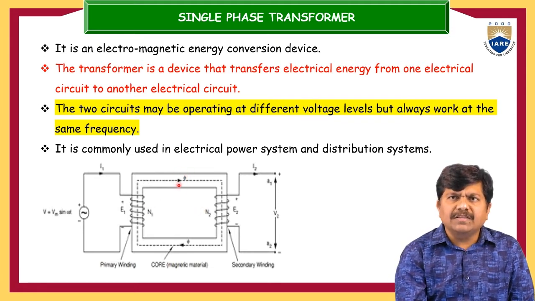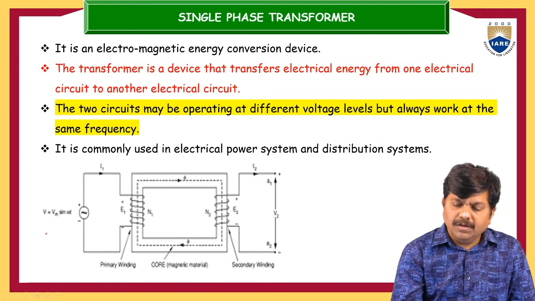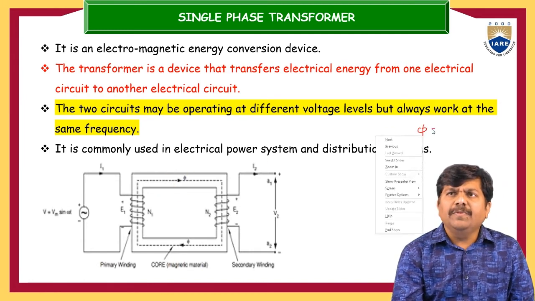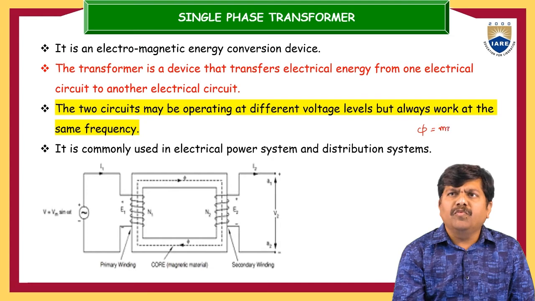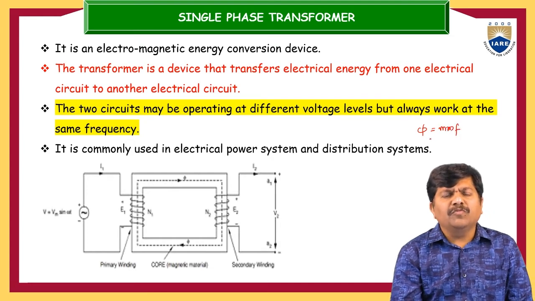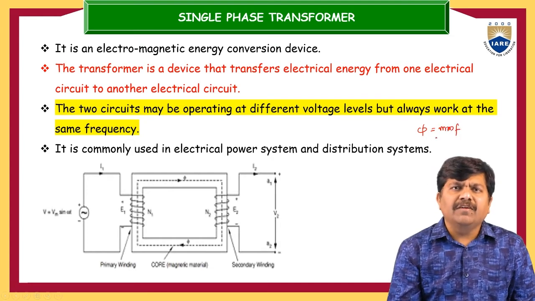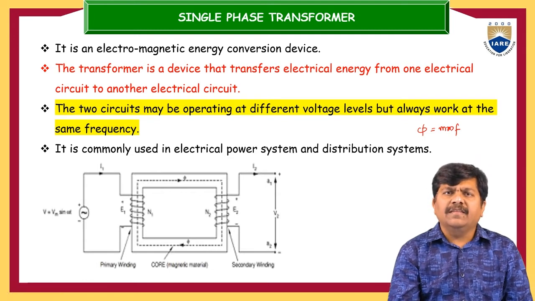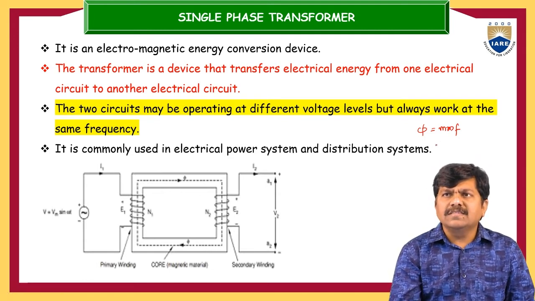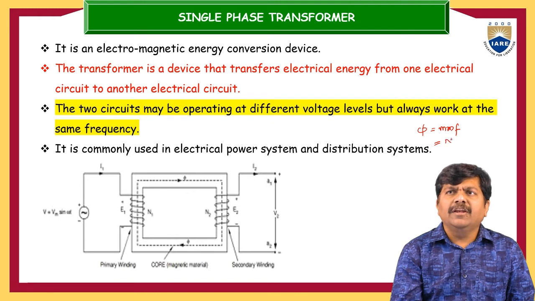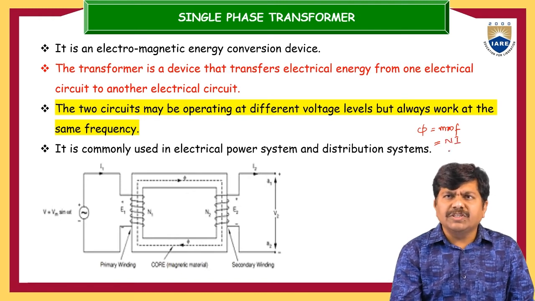So, the source for this flux is nothing but the magnetomotive force. This magnetomotive force is just like EMF in our electrostatic fields or in electrical engineering. The formula is N into I, the number of turns into current.